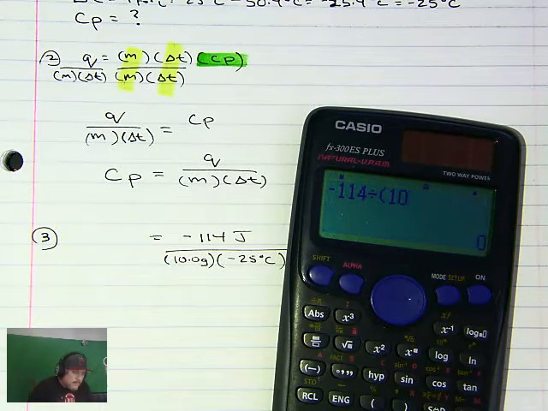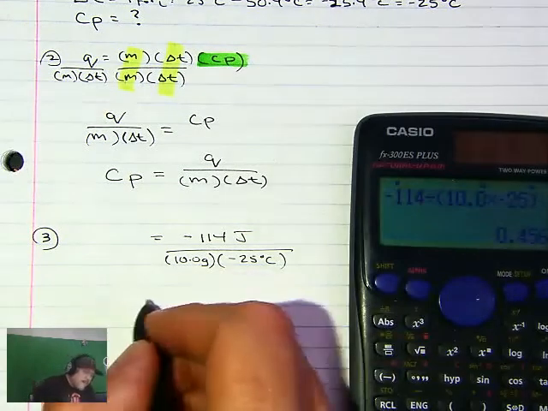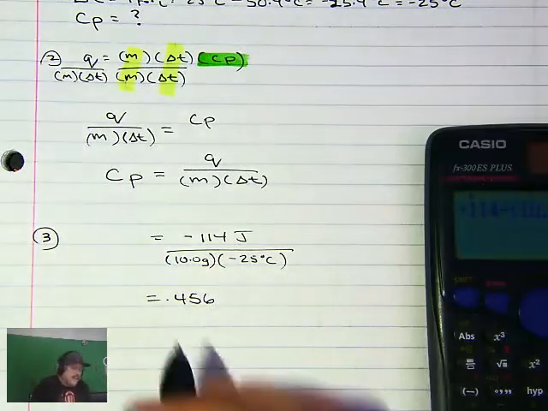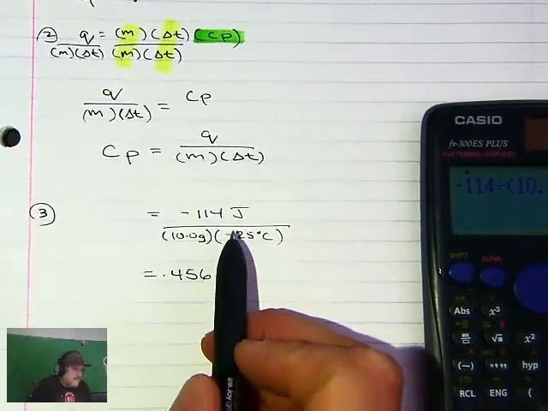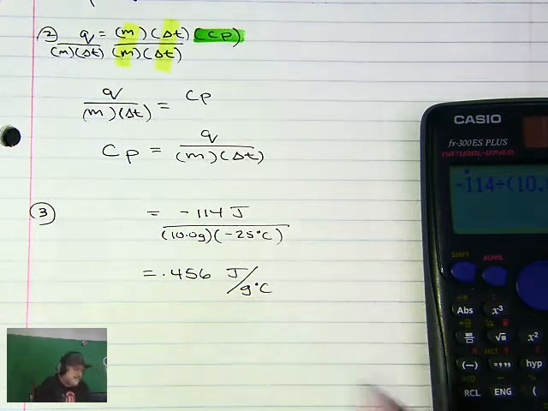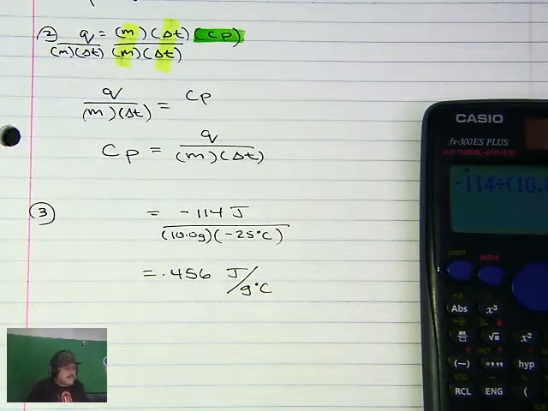I want to multiply the bottoms together, so the way I ensure that is I put that inside a parenthesis. 10.0 times negative 25, and then I close parentheses, and I hit equals, and I get 0.456. Unit-wise, nothing cancels, so I just leave it. Joules over gram degrees Celsius, and you'll probably remember that is the specific heat capacity unit, so it looks like we're in the right spot.